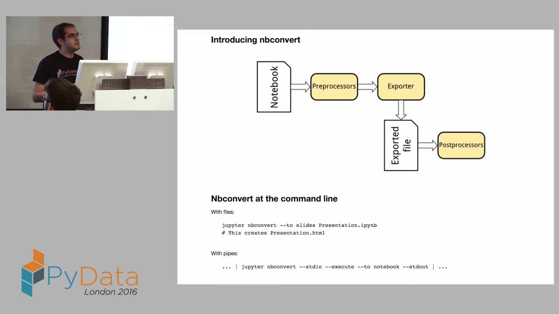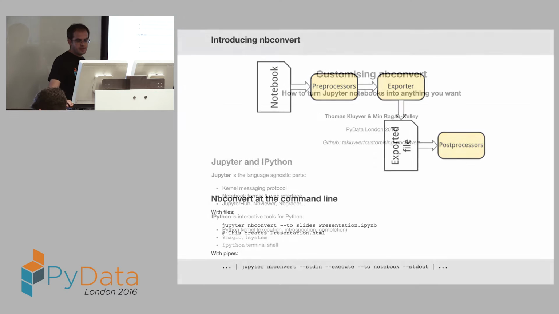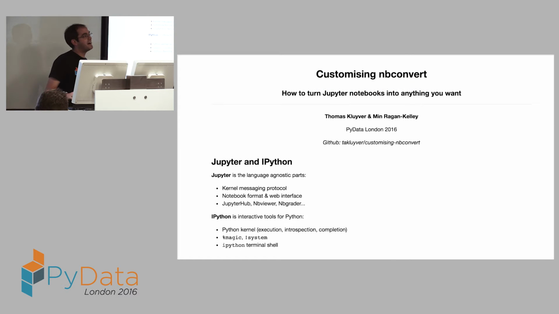So back to nbconvert, which is what I'm officially here to talk about. Sorry, yes, just on that last slide, what was the percent magic in the installation? That's something I could give an entire talk about, but these are special convenience syntaxes within IPython.